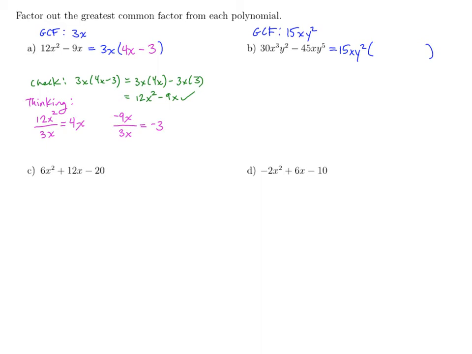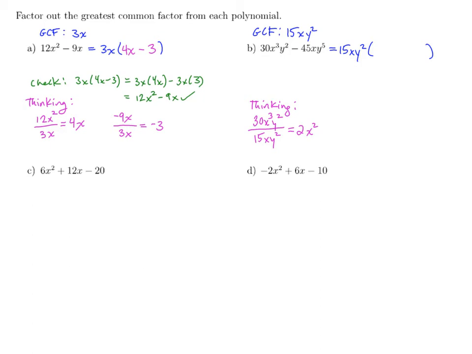Again, what we're thinking, and I'll only show this for a few, is that we started with that 30x cubed y squared and we divided out 15xy squared. And so we should be left with a numerical coefficient of 2. And then we had x cubed, we divided out x, so we have x squared. We had y squared, we divided out y squared, so we don't have a y term still appearing there.